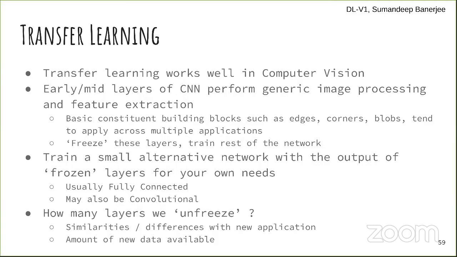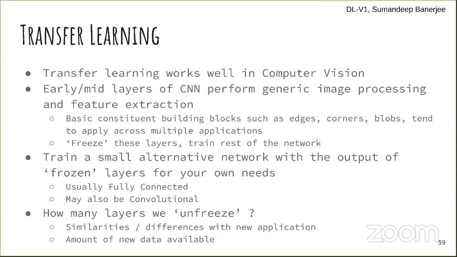So what we can do is freeze these layers, which means that whatever weights have come from there, we'll just take them. And we only train the rest of the network, which mostly is the classifier part of the network. So the feature detector part of the network, the convolution layers, right? This is most computationally expensive to train.